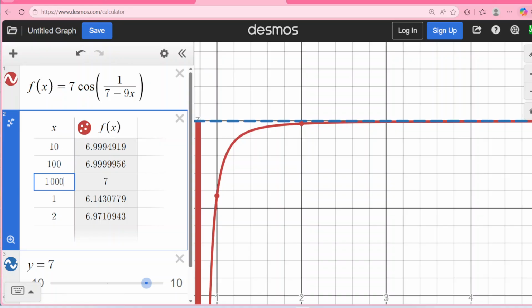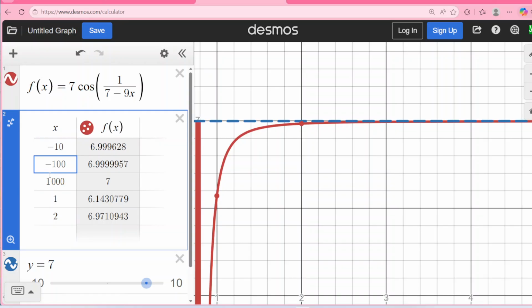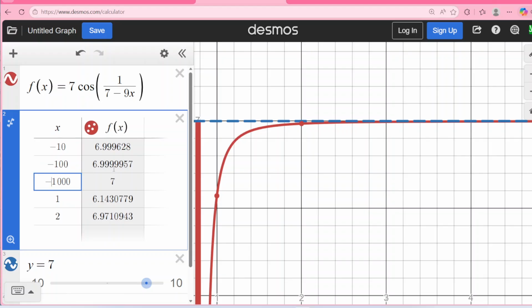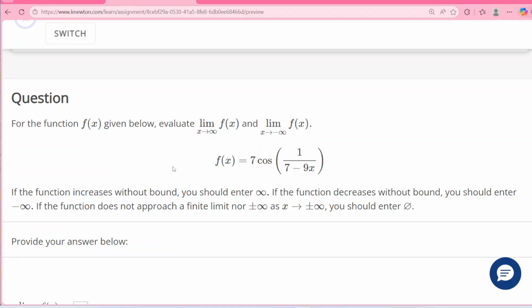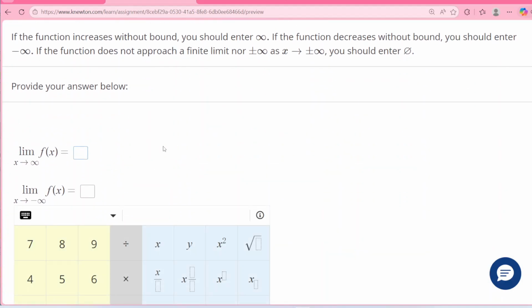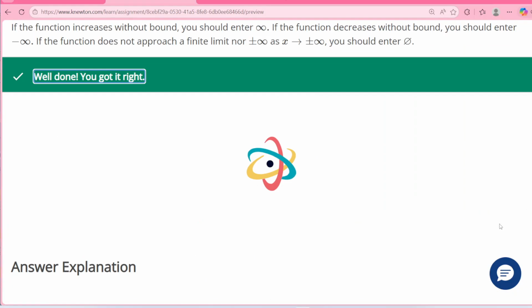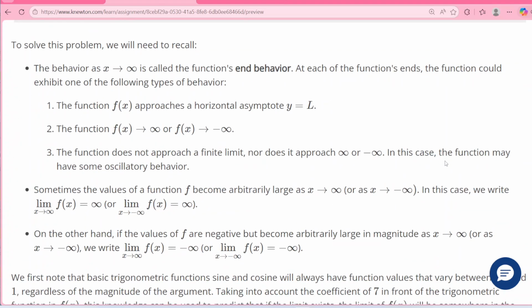The same thing for your negatives, right? Plug in negative 10, negative 100, negative 1,000. Again, it's so close to 7, it says it's 7. So both limits are 7. Wonderful.